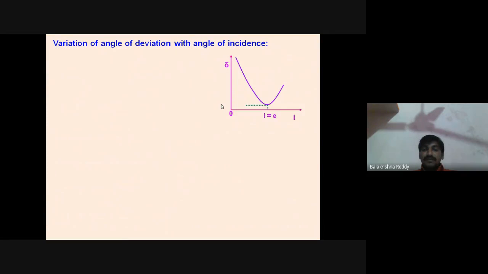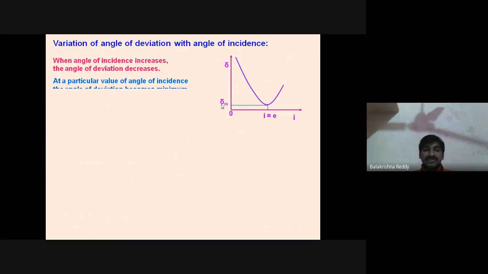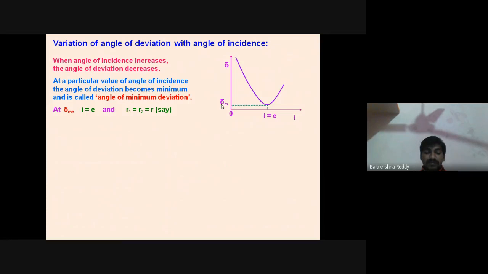If you apply the minimum deviation rule, that the angle of incidence equals the angle of emergence, then you can write R1 equal to R2 equal to R. That means R1 and R2 are the same.